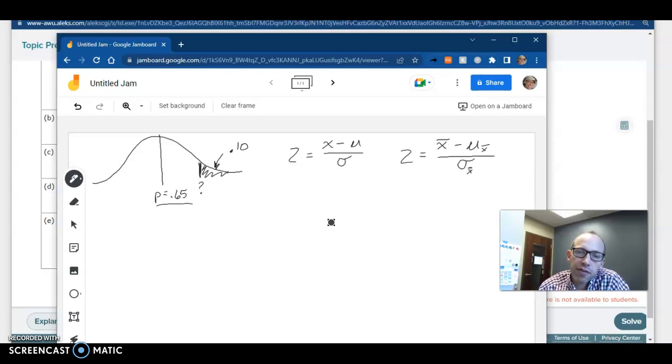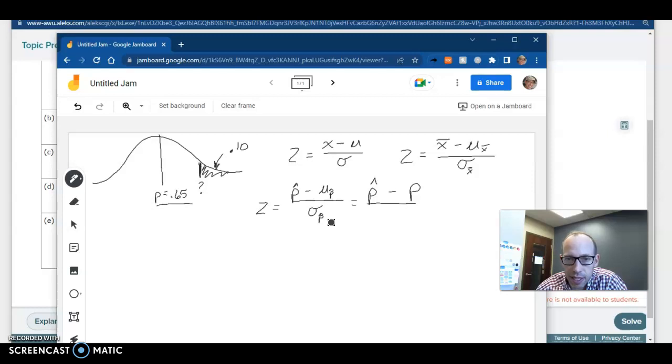Well, here we have the same idea. So we have z equals p hat minus mu of p hat over standard deviation of p hat. But we can simplify a couple of these. The average of the p hats is just the null hypothesis proportion.